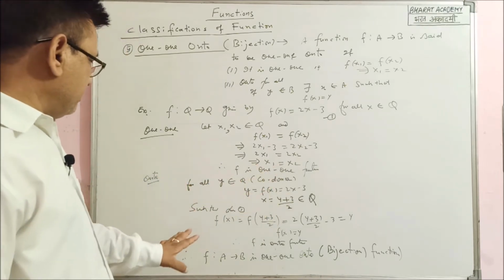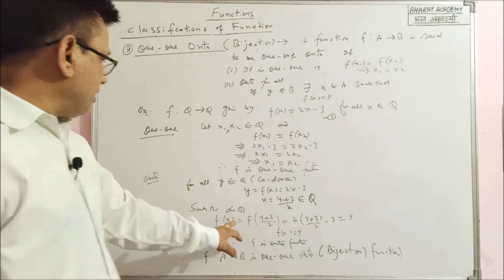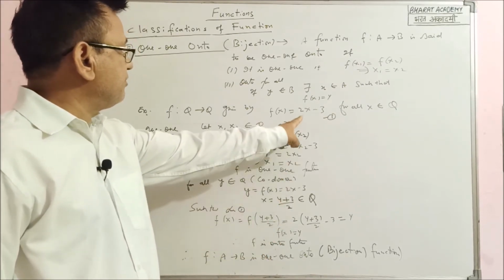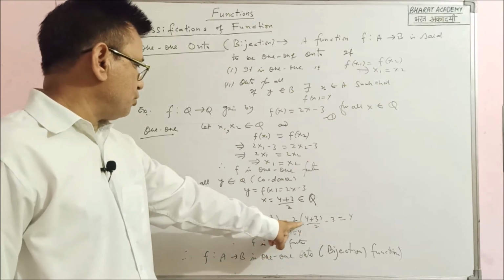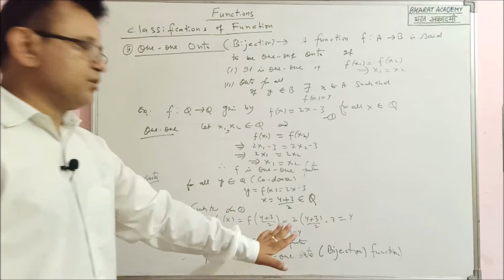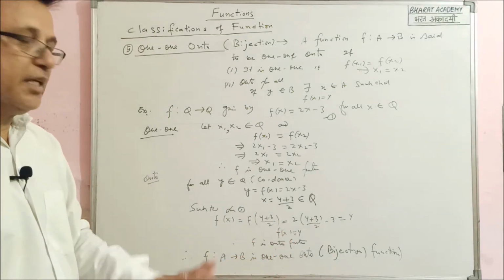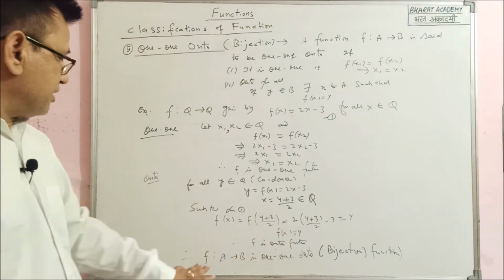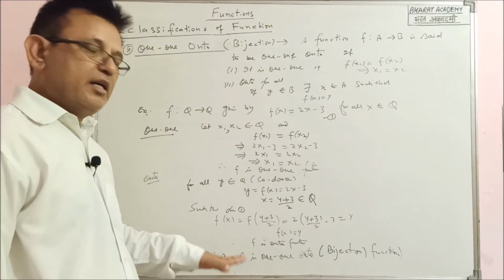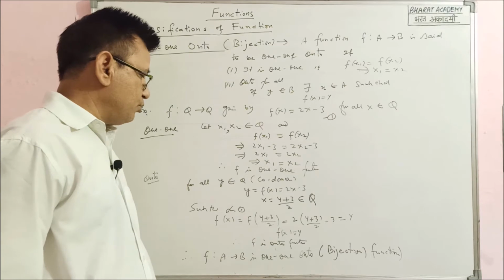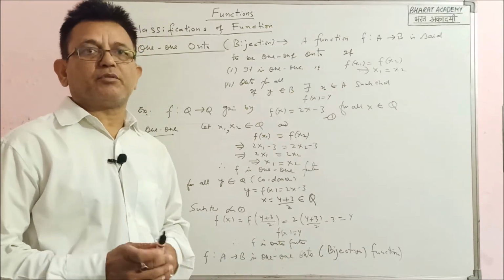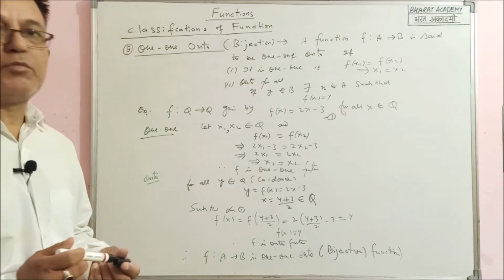Such that f(x) with x equal to (y plus 3) by 2: from the definition 2x minus 3, it becomes 2 times (y plus 3) by 2 minus 3, the 2 cancels, this is y. So f(x) equal to y, and f is proved as an onto function. It means f is a function from A to B that is one-one onto, which is also called a bijection function.